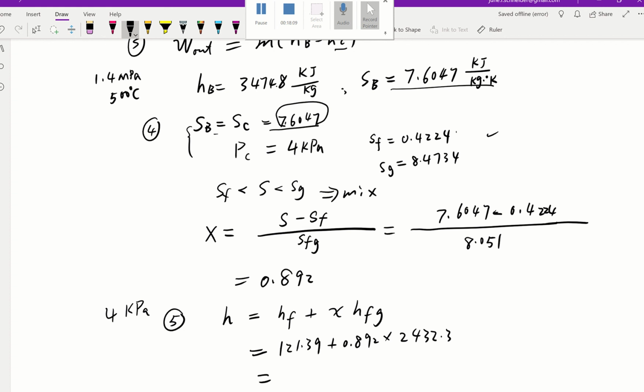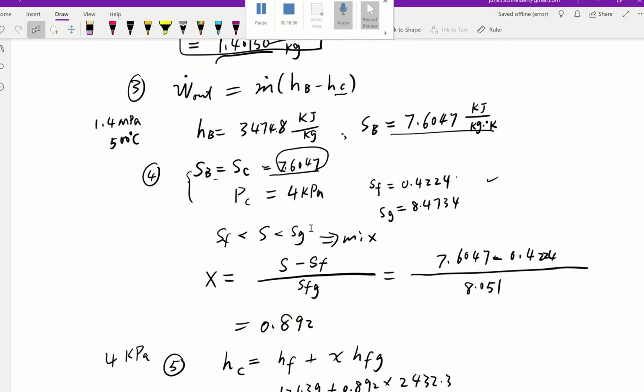Then we can find our corresponding enthalpy at point C. Put it into the calculator: 121.39 plus 0.892 times 2432.3, and I have 2291. Hopefully you do the same. That's going to be kilojoule per kilogram, the enthalpy at C.